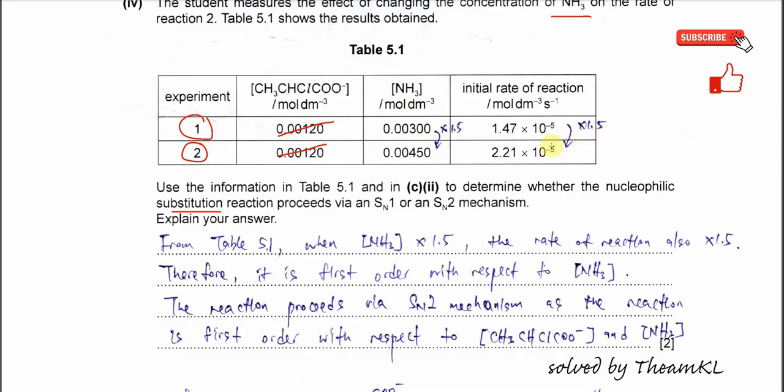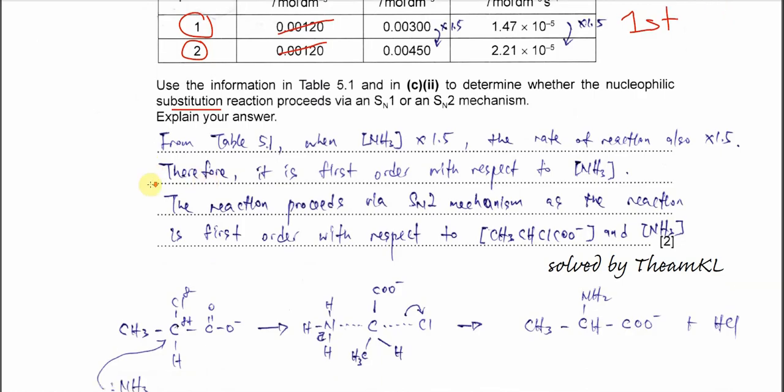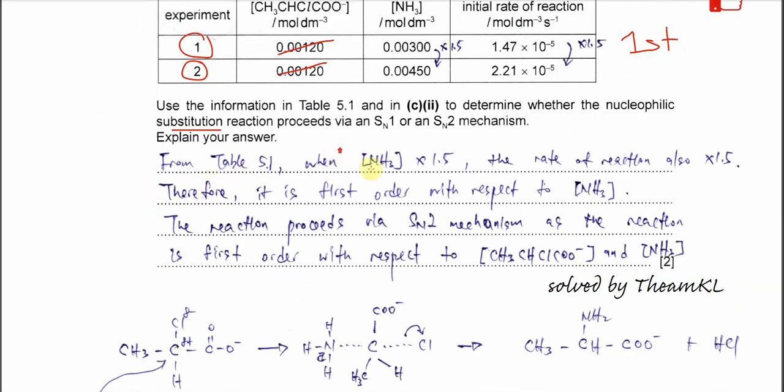Therefore, it's quite clear that the order of ammonia is first order. It's confirmed. From table 5.1, when the concentration of ammonia is 1.5 times, the rate of reaction is also 1.5 times. Therefore, we know that it is first order with respect to ammonia.